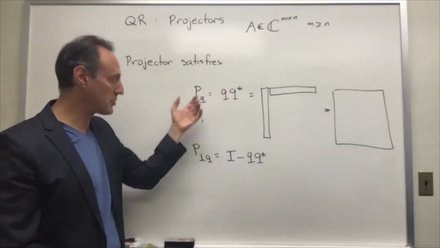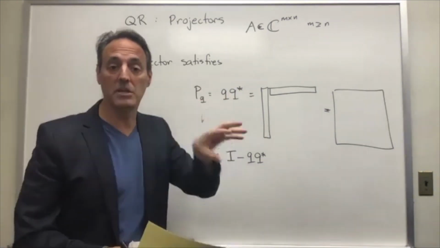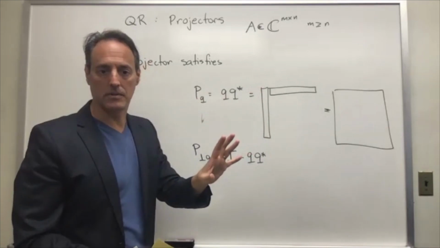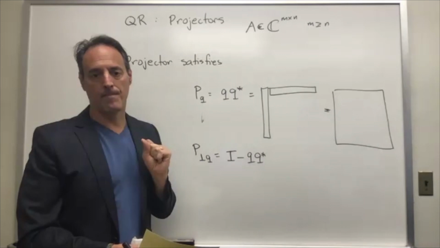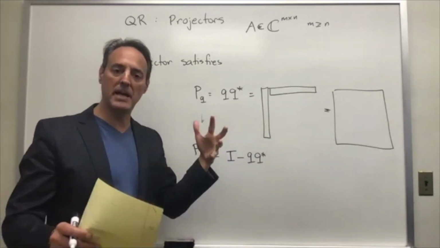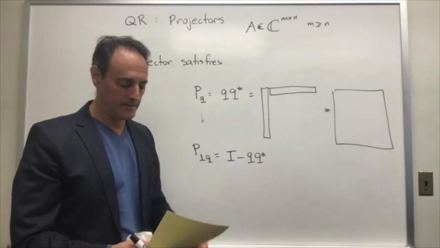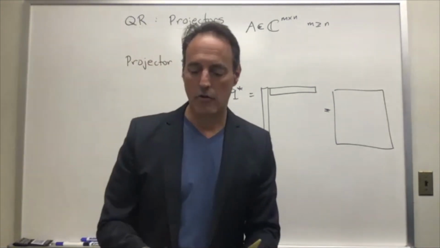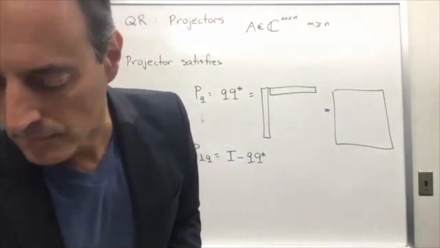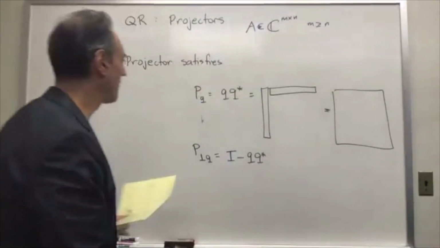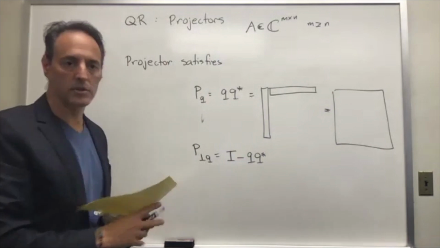Where this is the projector into a certain direction. Or if these were matrices, it would project me into a collection of directions. This is orthogonal to that. Okay, so I've divided space up into things spanned by this, and everything else. And we're going to use this fact for building out our Gram-Schmidt now. So by the way, if these vectors aren't unit length, you just have to normalize them to do this.